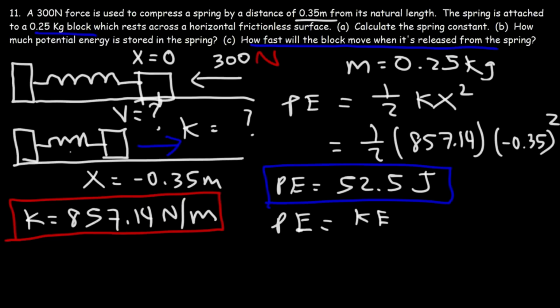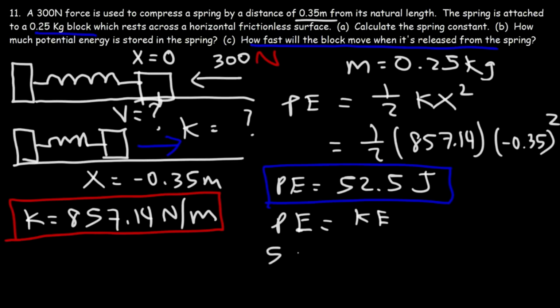So right now, when the spring is compressed, it has stored potential energy. But once you release the block from the spring by removing this force, the block is going to move to the right. All of the stored potential energy in the spring will be converted to kinetic energy, or energy of motion, in the block.